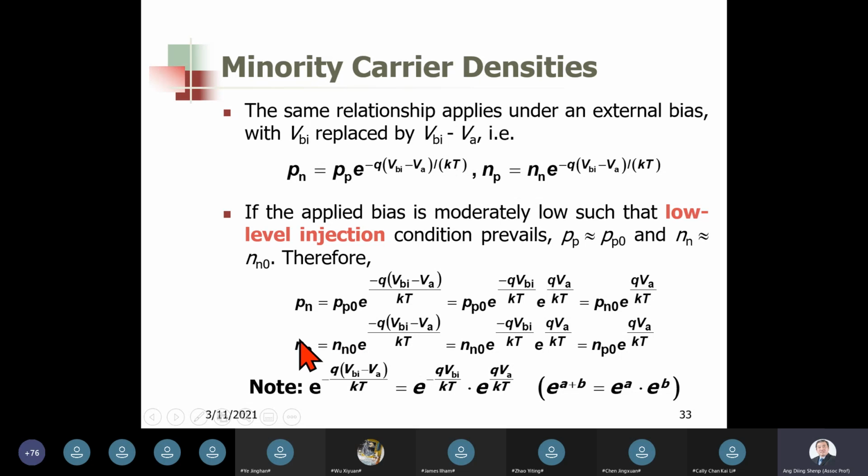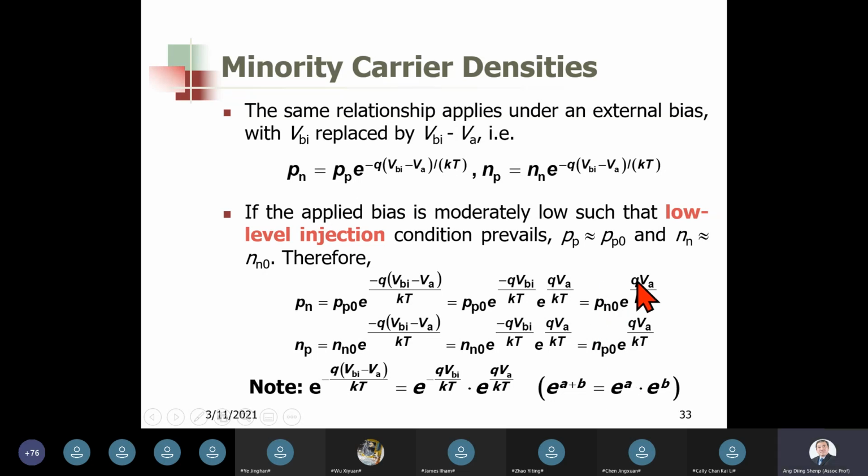Now I can do the same for the electron concentration, following exactly the same approach. I can relate the electron concentration at the edge of the space charge region on the P side under the external applied voltage condition to the thermal equilibrium value multiplied by a factor e to the q VA over kT. Now, Pn naught and Np naught are usually known quantities because doping concentrations are usually known.